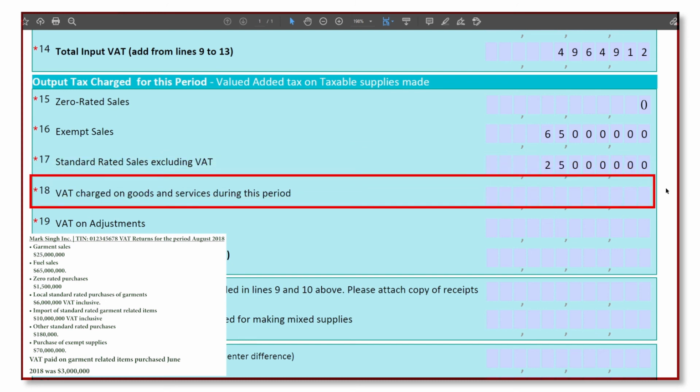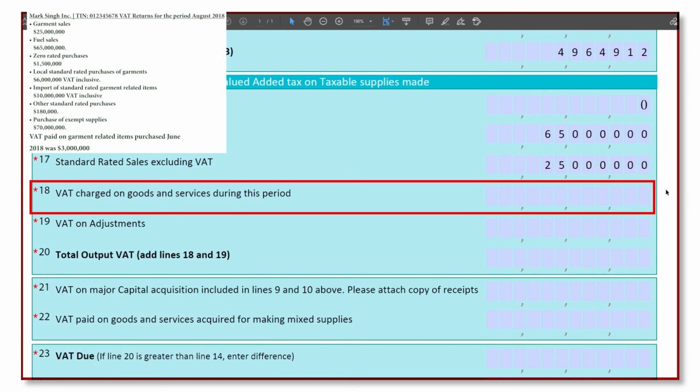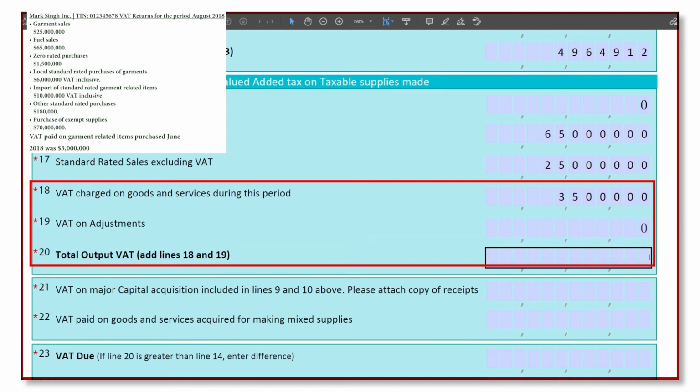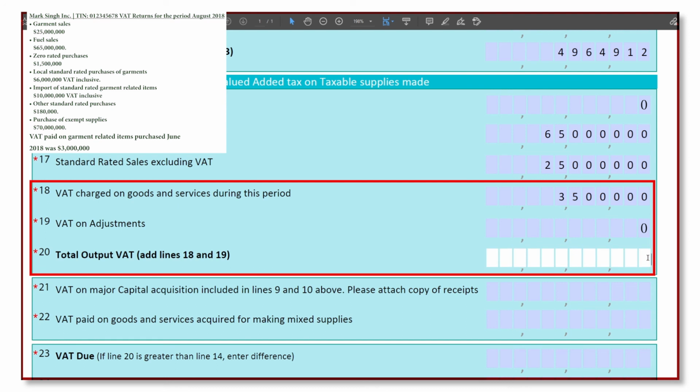Line 18 requires us to state the VAT charged on goods and services during this period. Therefore, calculate the VAT percentage, 14%, on the taxable sales, $25 million, and this would give us a total of $3,500,000. Add lines 18 to 19 and insert the total output VAT, which is $3.5 million.